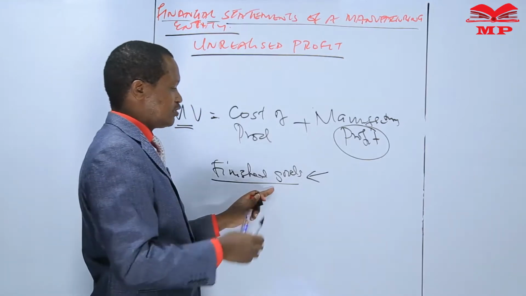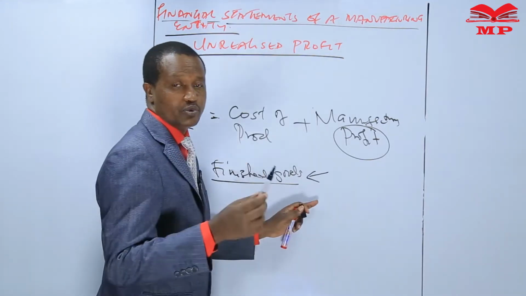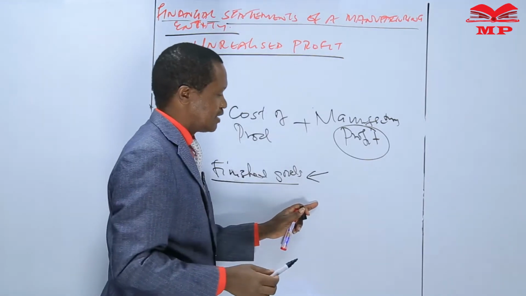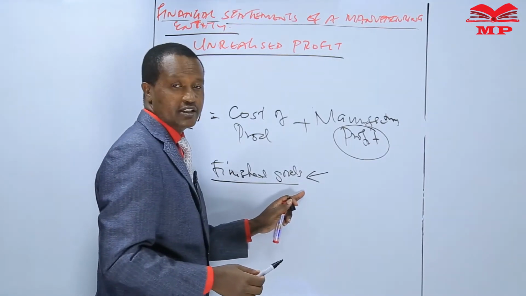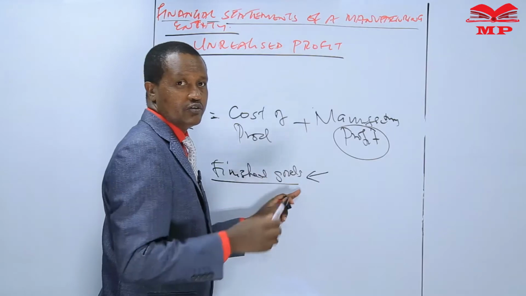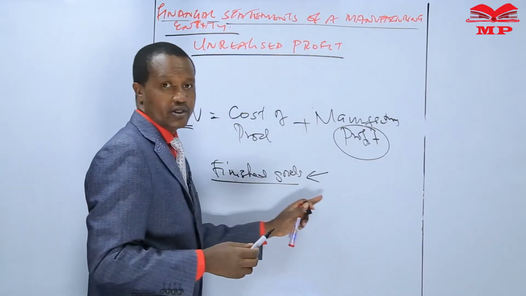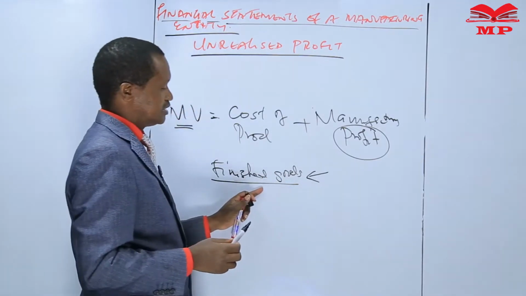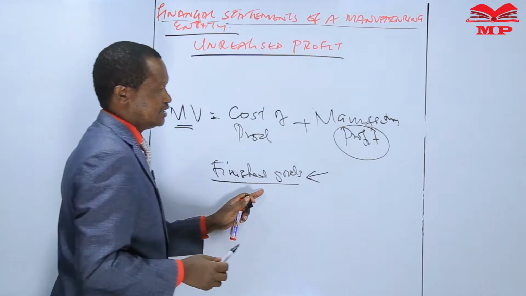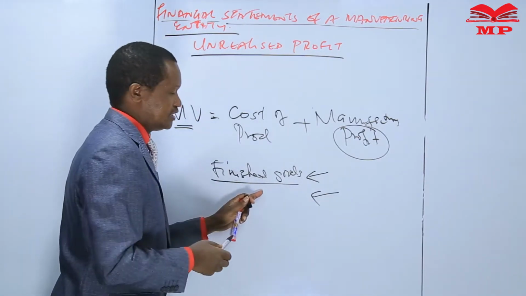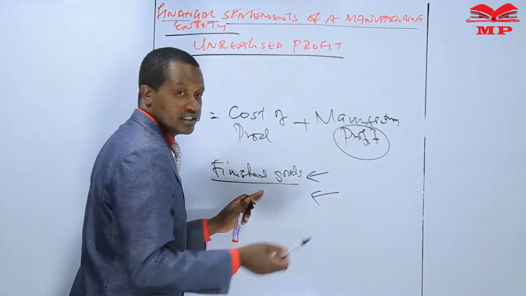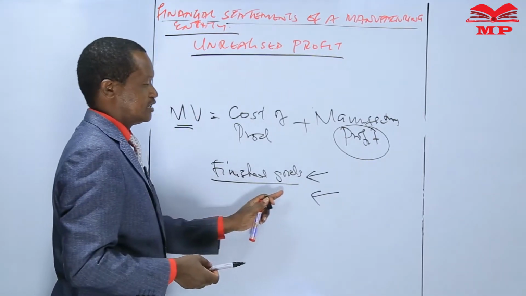After there is sale of finished goods, that is when profit is realized. But at the end of the accounting period, if the company still has stock of finished goods in the warehouse, then it means that there is what we are referring to as unrealized profit. There is profit that has not been realized.